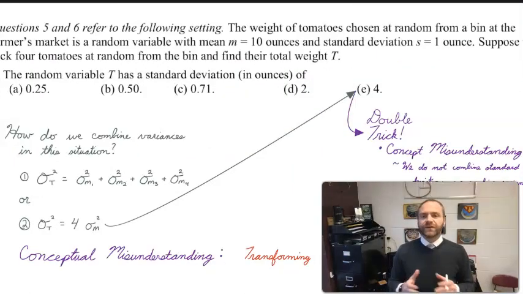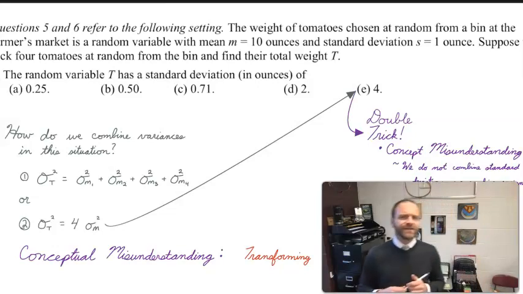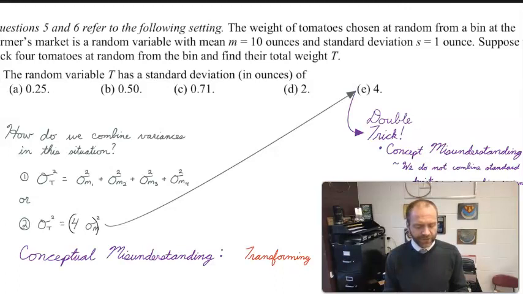Just so that you are aware, the number 2 choice is actually dealing with transformations, which means choice E is a double trick. Let's say you're the student who says, I know I don't add standard deviations together, so I'm not going to do 1 plus 1 plus 1 plus 1. I'm going to multiply and then square it.